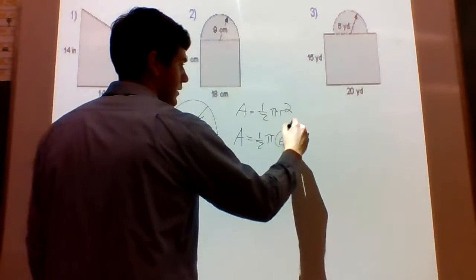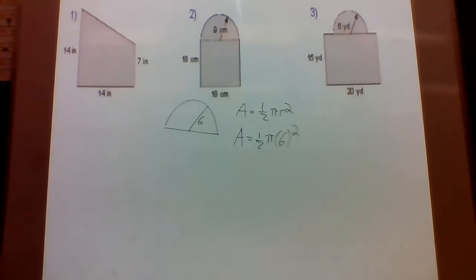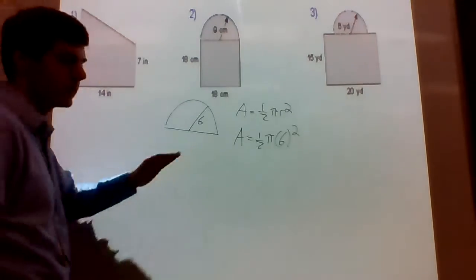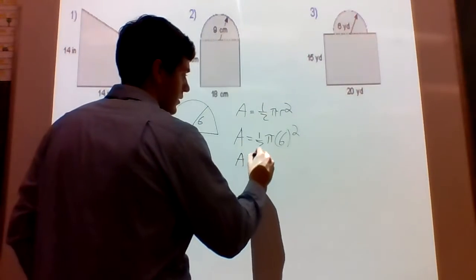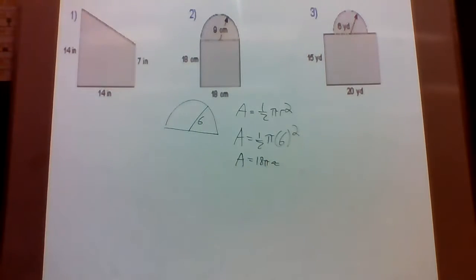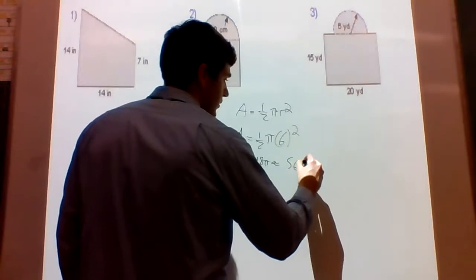And the radius is 6, so here we have 36. Divided by 2 is 18, so it's going to be 18 pi. Okay, you can just put this all in your calculator from here. It's going to end up being 18 pi, which is approximately 56.5. Okay, so it's about 56.5.